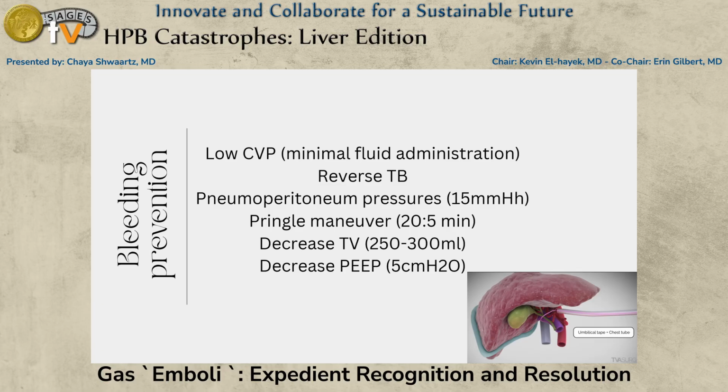So we keep a low CVP, and we use reverse Trendelenburg as well. The pneumoperitoneum is relatively high, and we do a Pringle maneuver, as you can see in the illustration. The way we do it, as mentioned in the previous talk, is from the outside, as you can see in the demonstration, using a chest tube. We also decrease tidal volume and decrease PEEP.